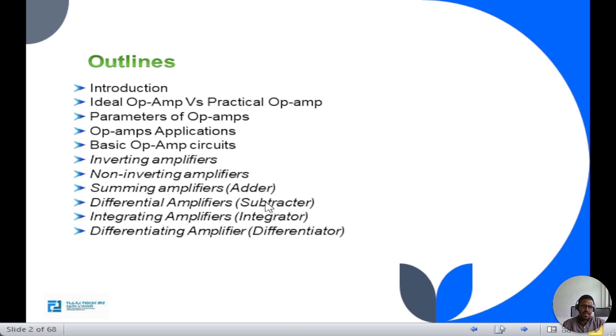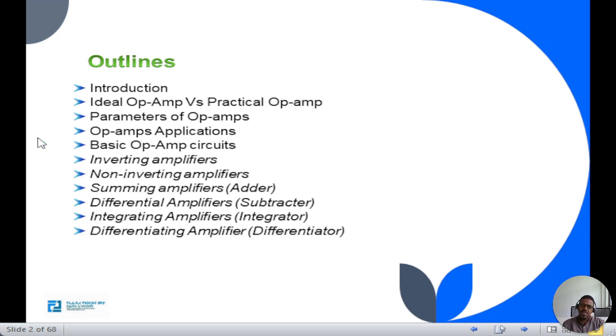Let's start. When you see the outline of this chapter, you will see introduction of op-amps, ideal op-amp versus practical op-amp, parameters of op-amps, op-amp applications, basic op-amp circuits, inverting amplifiers, non-inverting amplifiers, summing amplifiers, differential amplifiers, that you can call a subtractor, integrating amplifiers, we can call it integrator, differentiating amplifier, we can call it differentiator.